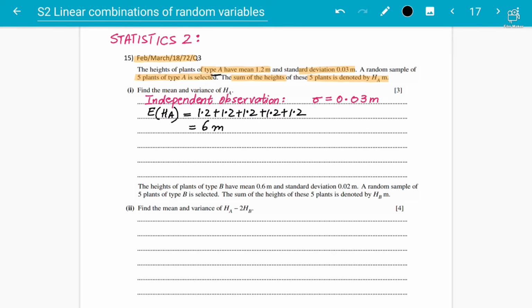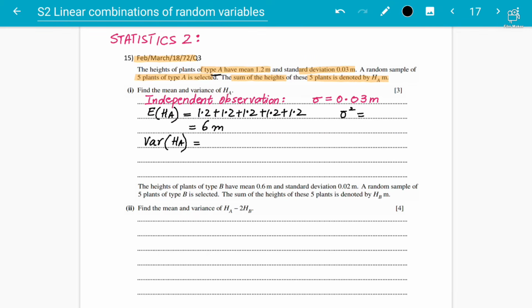Now when we talk about the variance of HA, we need to understand that in variance, this is again the sum of the heights. So we'll just multiply it by 5, but before that, this is the standard deviation. So first we need to find the variance of one type A plant.